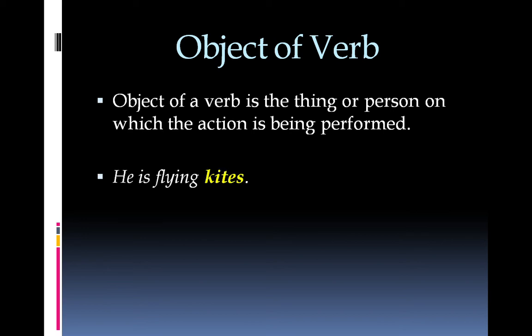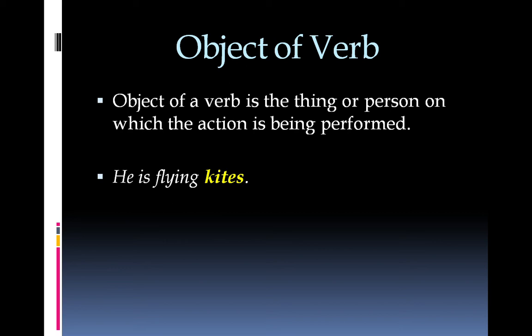He is flying kites. We have already learned the method to identify objects of verbs in sentences. We'll be framing what or whom questions using the verb in the sentence. What's the verb in this sentence? It's flying. He is the subject. Flying is the verb. So what is he flying? Kites. Now this kites answers the what question.